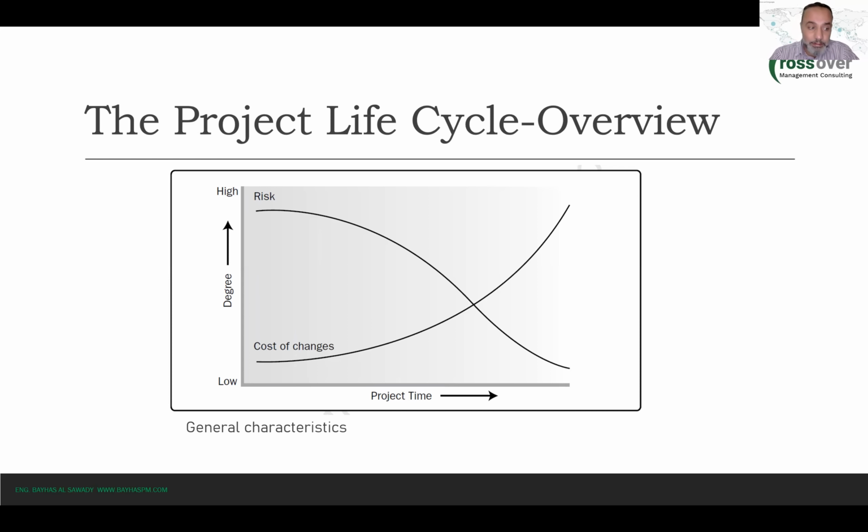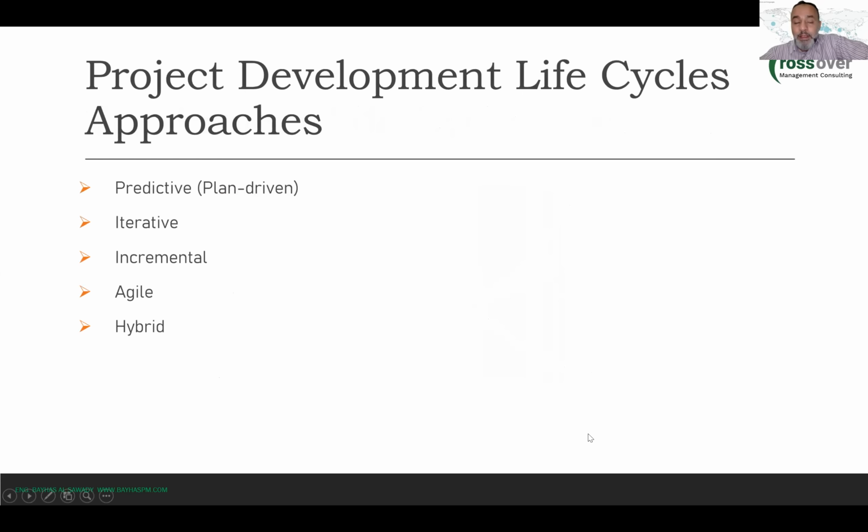Now you understand more about your project, more about the scope, more about the resources, and so on, right? Makes sense, right? Okay, any questions so far? Excellent. So those are some general characteristics that you need to keep in mind when you manage your project and when you manage your project life cycle.